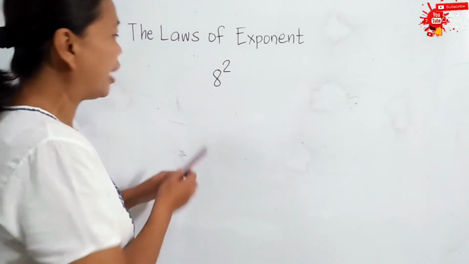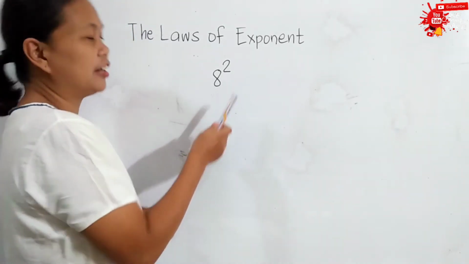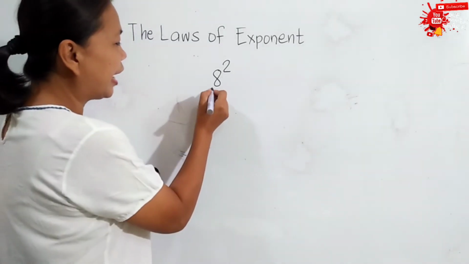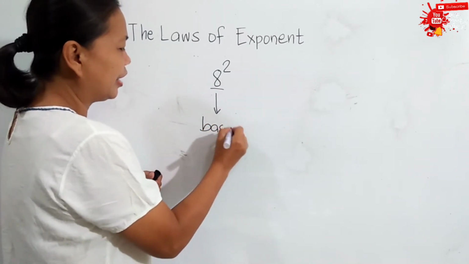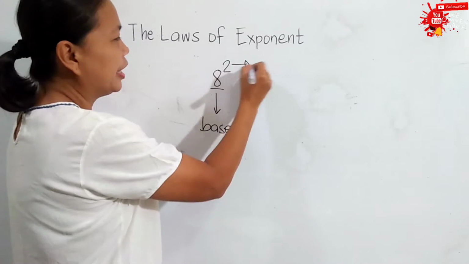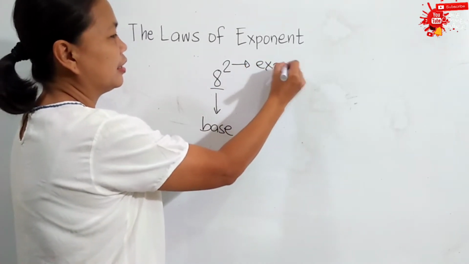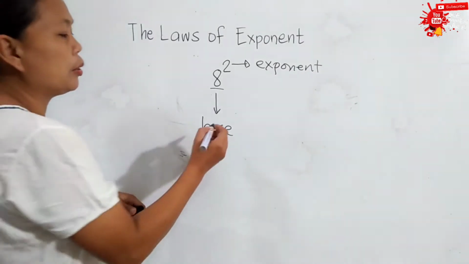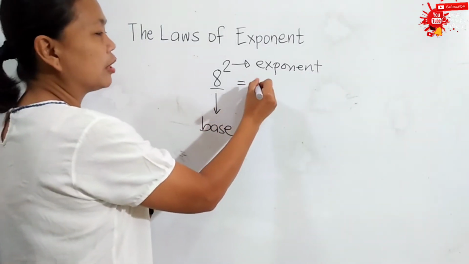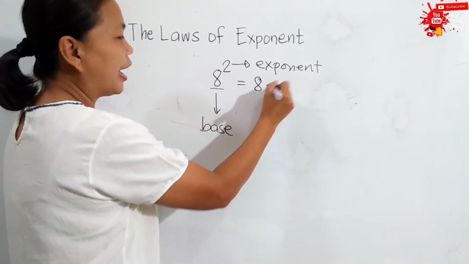Okay? So we have here 8 squared. It means that 8 will be our base and 2 here will be the exponent. And 8 squared means it is equal to 8 times 8.